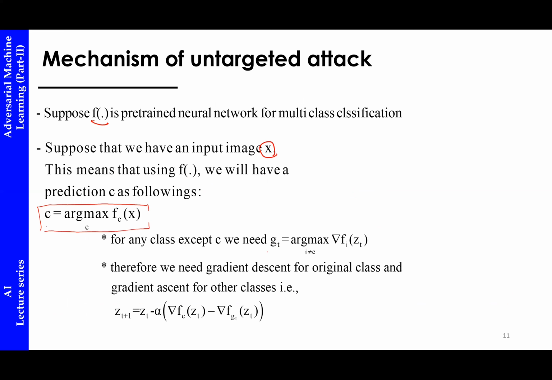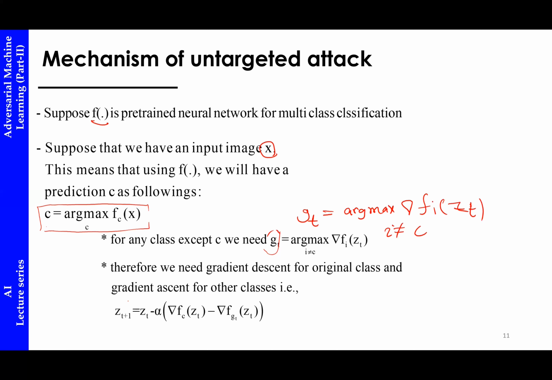For any class except c, we need a gradient, which is called gt, and we should increase the score of other classes which are not c when we input zt to our model. Here I use i, which means any other classes, and we are not thinking about any specific class.